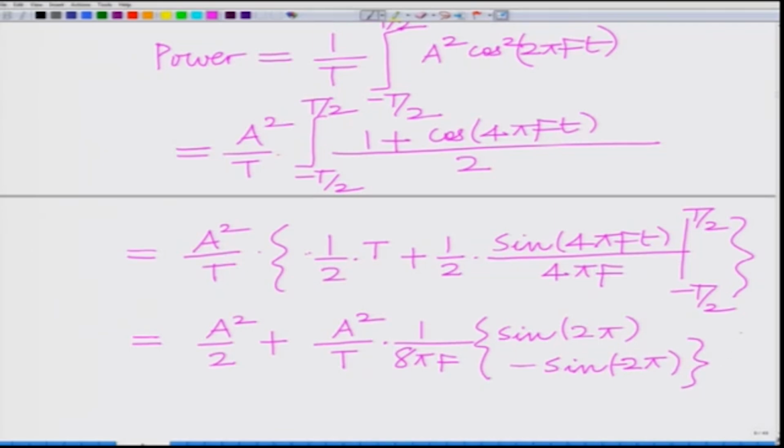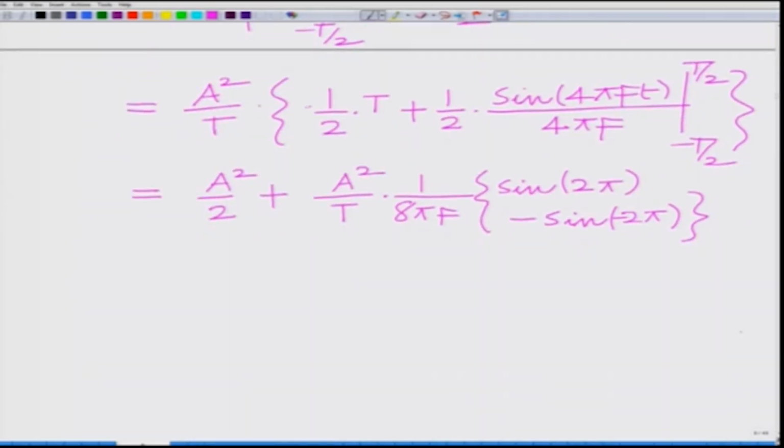You can see that sin 2 pi equals sin minus 2 pi because the difference is an integer multiple of 2 pi. So, this quantity here equals 0, and this is A squared divided by 2.